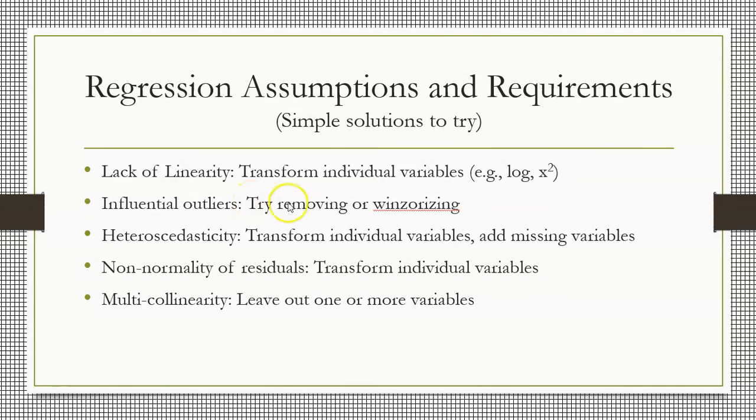Influential outliers, you may try removing them, or something called Windsorizing, which means bring it down to a level that's reasonable. So if your problem was you had an outlier because the age of one respondent to your survey was 95 years old, everybody else is in the 20s to 60s, okay?